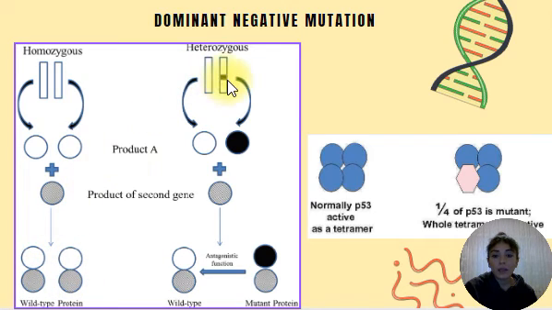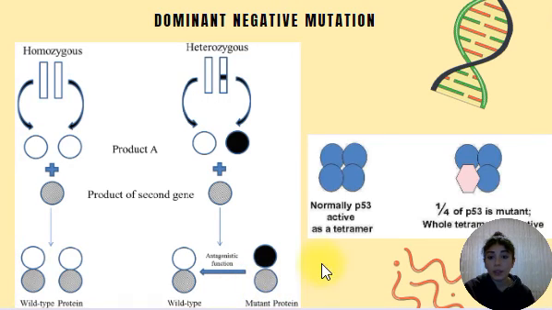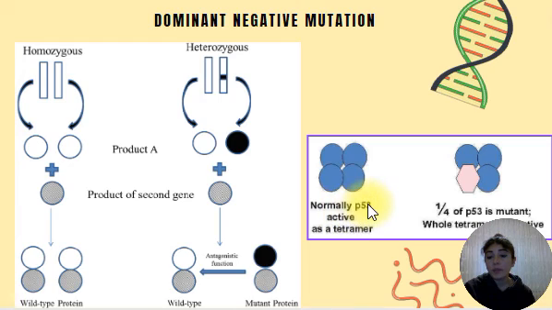Then we have heterozygous with a mutated product, which will mix with the second gene product, and we have a product that is pathologic and non-functional. It is true for P53, right? It is a tetramer, so if only one piece of it is mutated, the whole tetramer is non-functional.